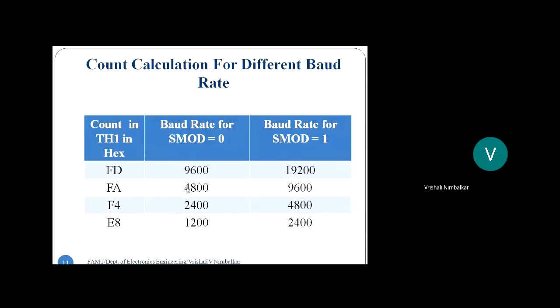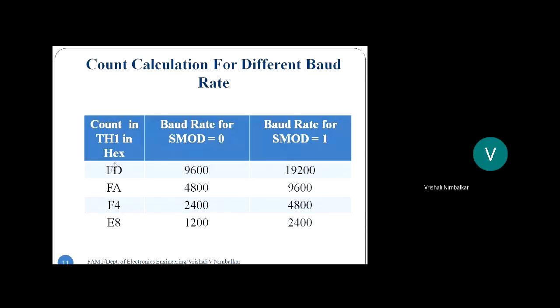For 4800, the count is FA hex. For 2400 baud rate, the count is F4 hex. And for 1200 baud rate, the count is E8 hex. Now, if I keep this count FD hex and I set the SMOD bit, the baud rate available to me is 19200.